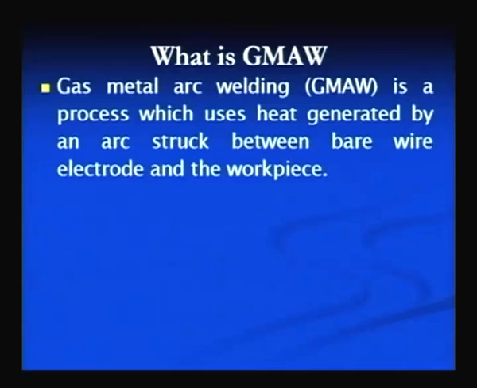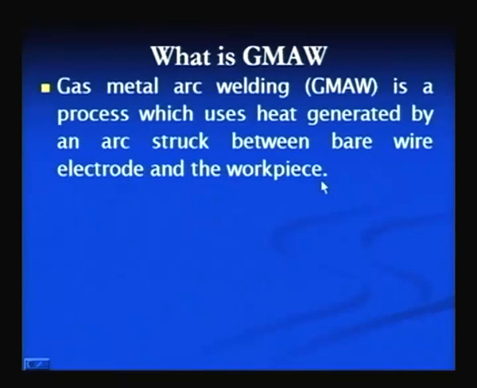The gas metal arc welding process is a process which uses the heat which is generated by an electric arc. An electric arc is struck between the bare electrode wire and the workpiece, and that arc is shielded by the shielding gas.